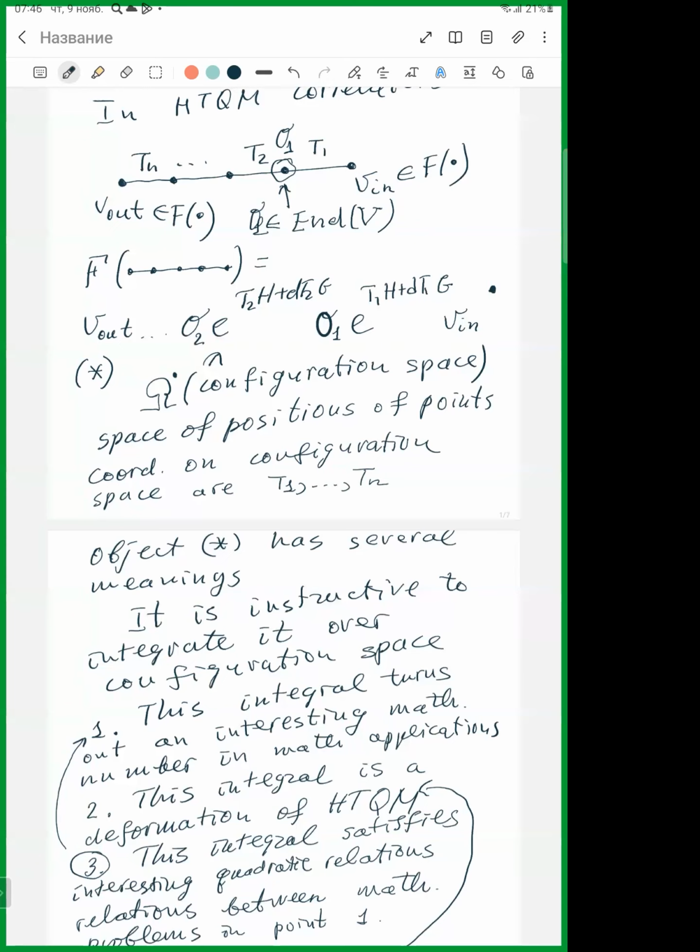And then we will get the commutator of G with O. That's how it works.